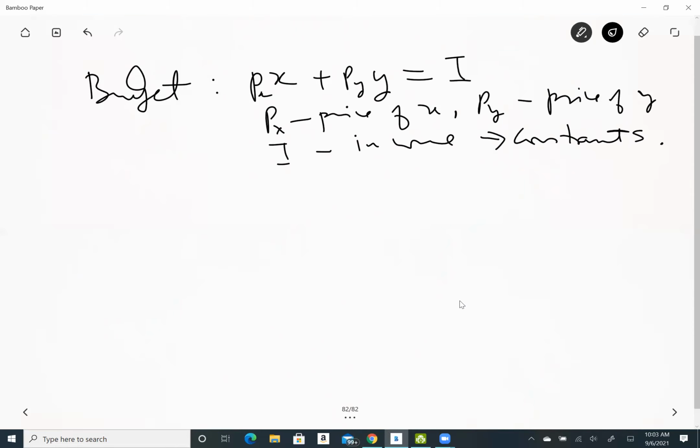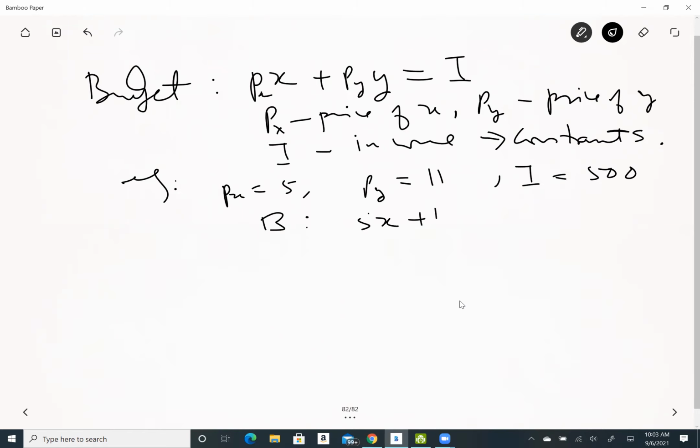So for example, given Px is equal to 5, Py equal to 11, and income equal to 500, our budget line will be 5x plus 11y equal 500.